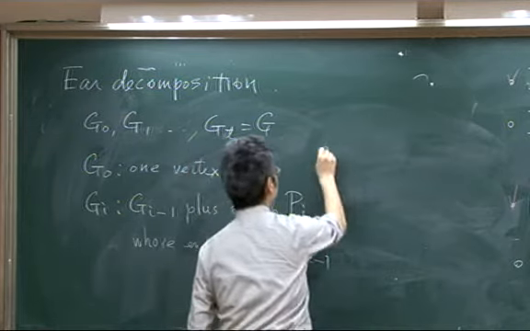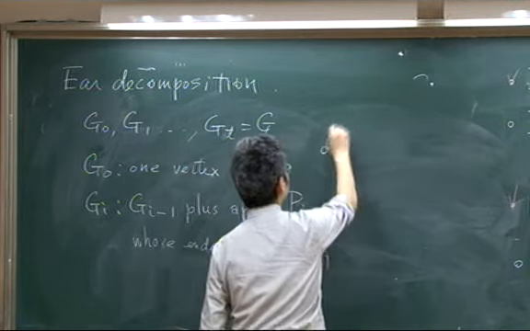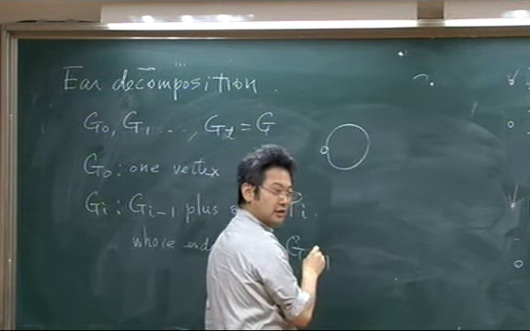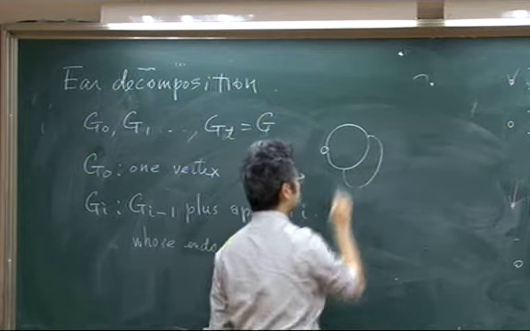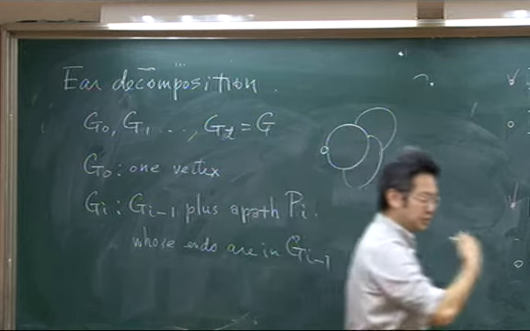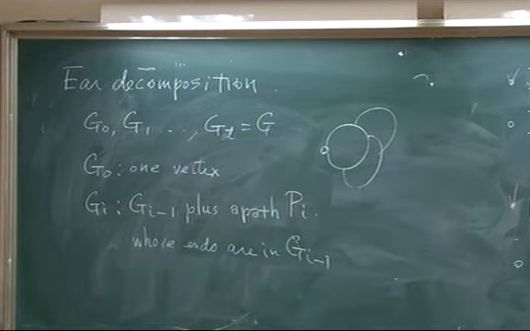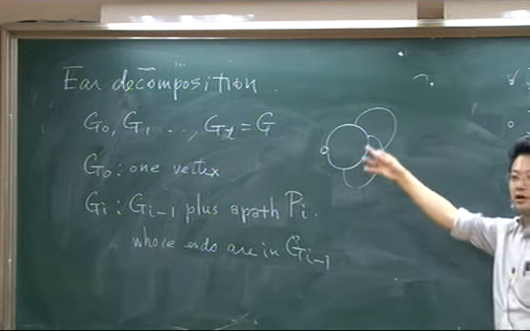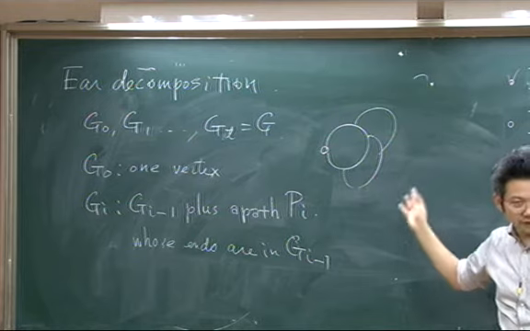So you start with one point, add a path, this is G1, another path, this is G2, G3, and so on. If you obtain your graph in this way, it is called an ear decomposition of your graph.